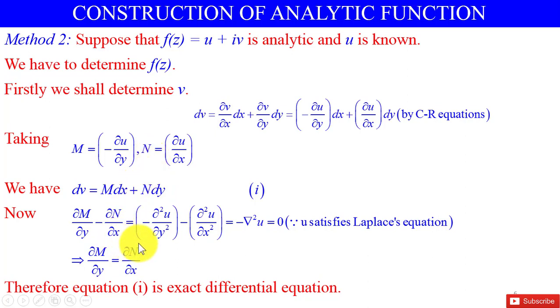So, del m by del y minus del n by del x is equal to minus del 2 u by del y 2 minus del 2 u by del x 2, which is equal to minus of del square u, equal to 0, as u satisfies Laplace's equation which is given. This implies that del m by del y is equal to del n by del x. Therefore, the equation is an exact differential equation.